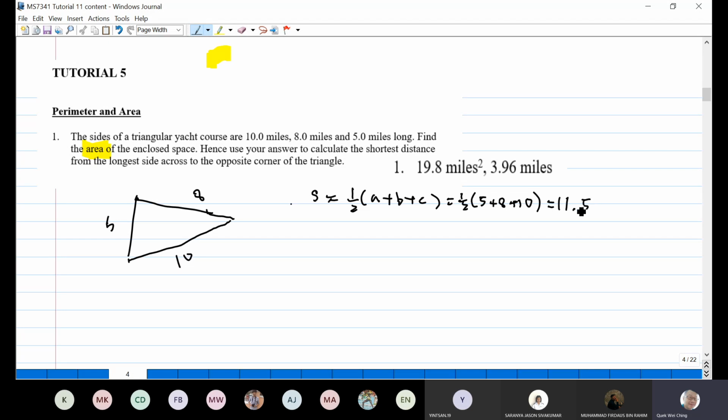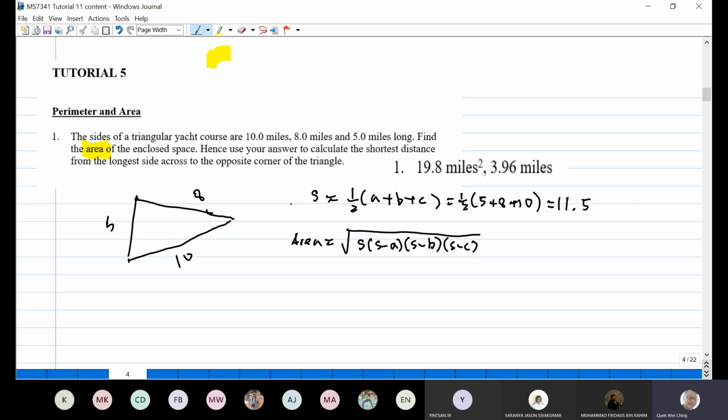This is the formula for area of triangle. Area of triangle, if you're given three sides, is equal to square root of s times s minus a times s minus b times s minus c.